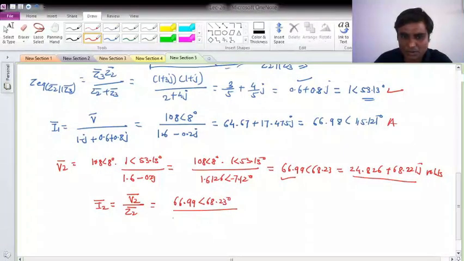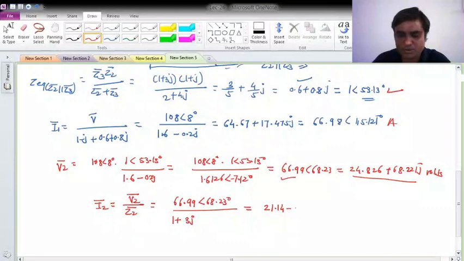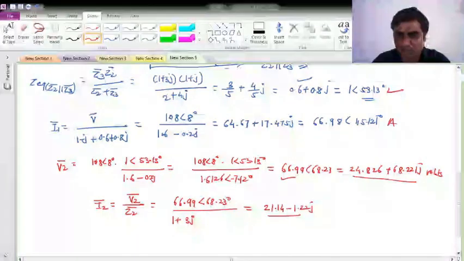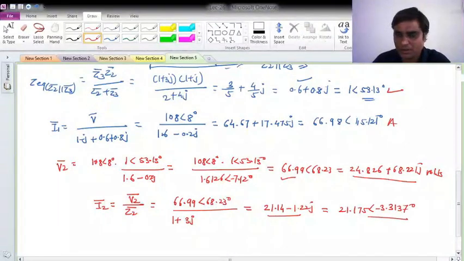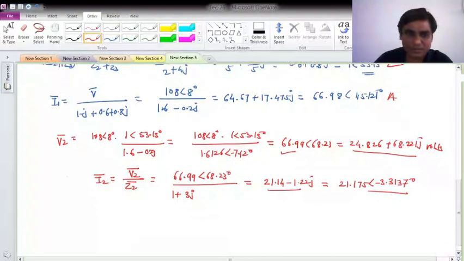So 66.99 with angle 68.23, which we calculated recently, divided by 1 plus 3j comes out to be 21.14 minus 1.22j in rectangular form, and in polar form it is 21.175 with angle minus 3.3137 degrees. Okay, now I know I2 phasor also.